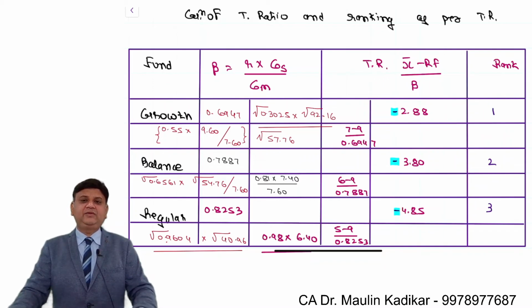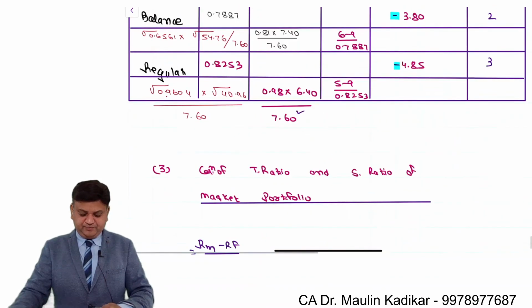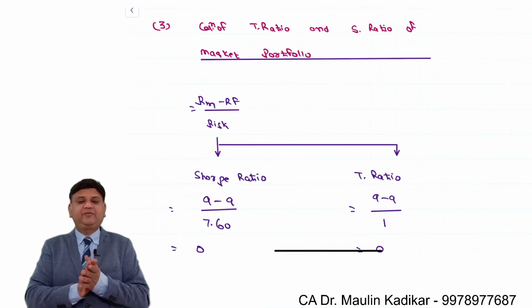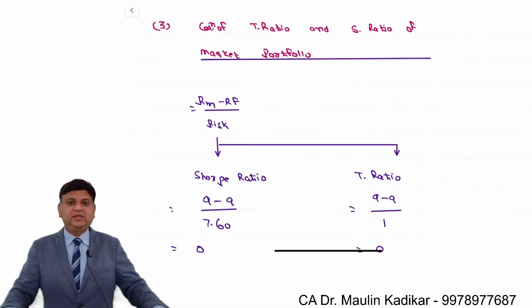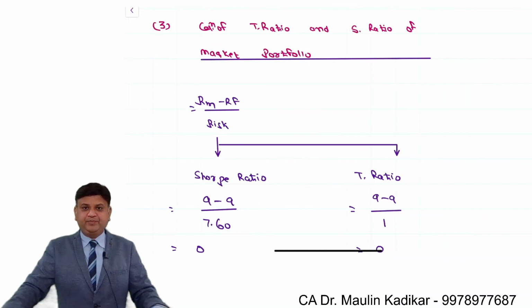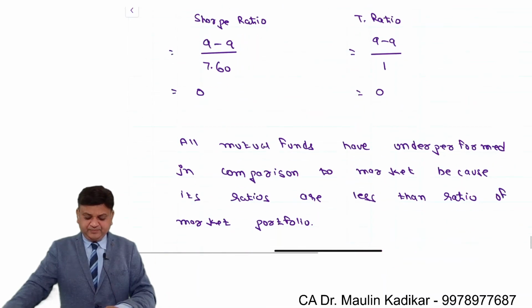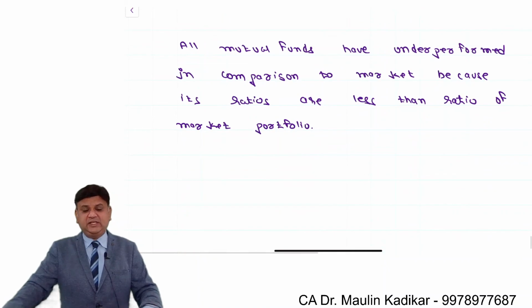Again, we give the ranking as the least negative has performed the best. In the third part of the question, we compare the performance of these mutual funds vis-a-vis the market. So we compute the Treynor's ratio and Sharpe ratio of the market portfolio, and based on that, we can say that these mutual funds have not performed better than the market.